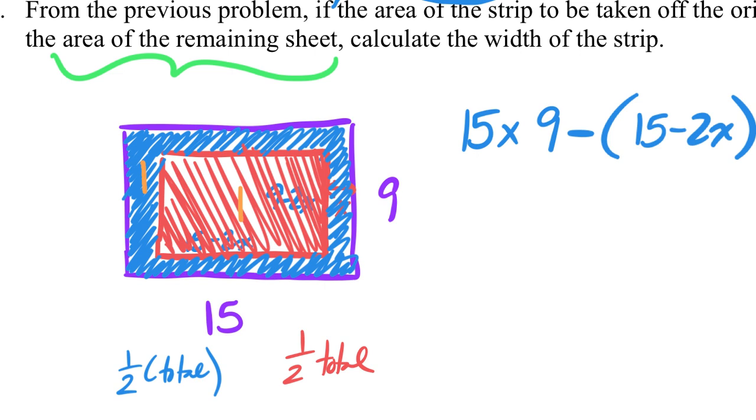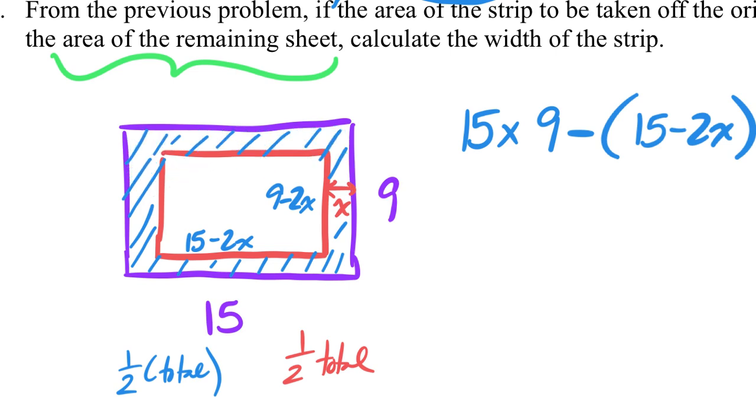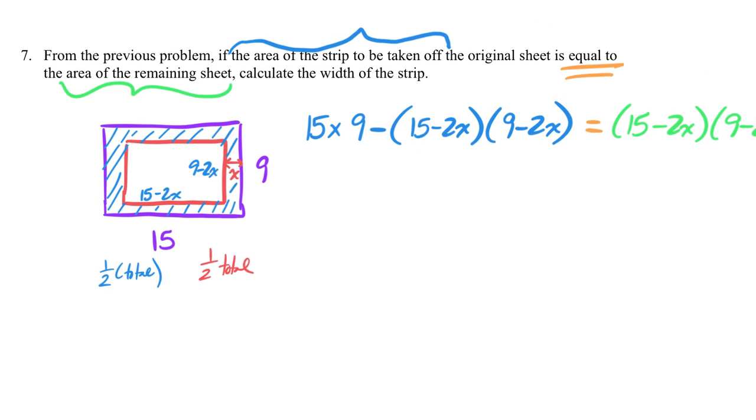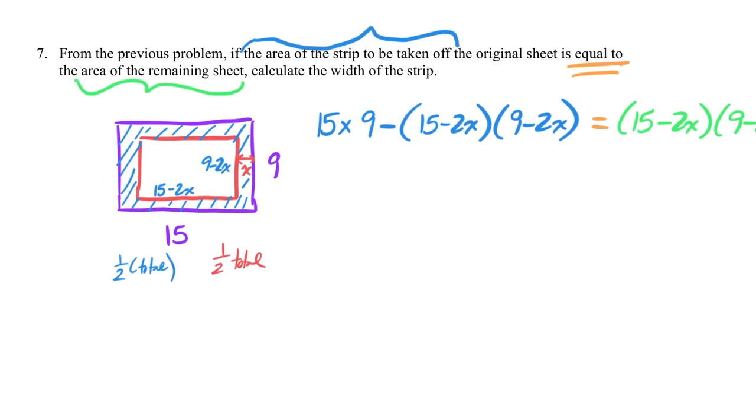So if that's the case, I could create an easier equation to work with. I'm just going to get rid of a lot of that shaded in part again, and I'm going to shrink that down. Because an equation we could have come up with then is, well, my red rectangle is 15 minus 2x times 9 minus 2x.